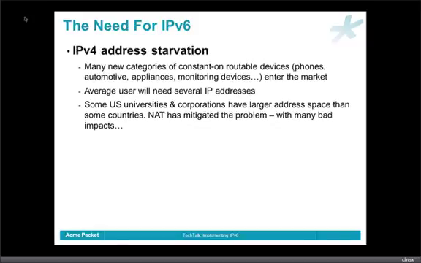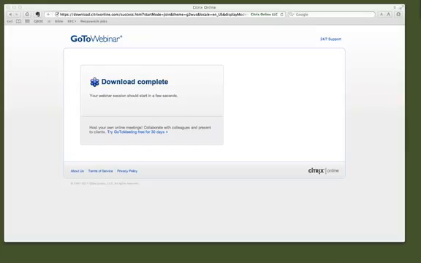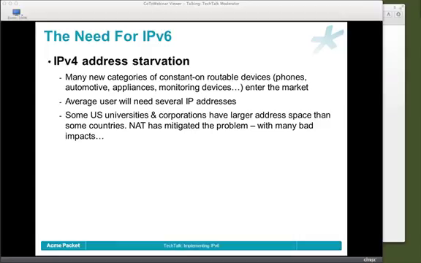The main driver for the need of IPv6 is the well-known IPv4 address starvation. We have many new categories of constant-on routable devices, like automotive gadgets and appliances and monitoring devices, and they will all be globally routable.